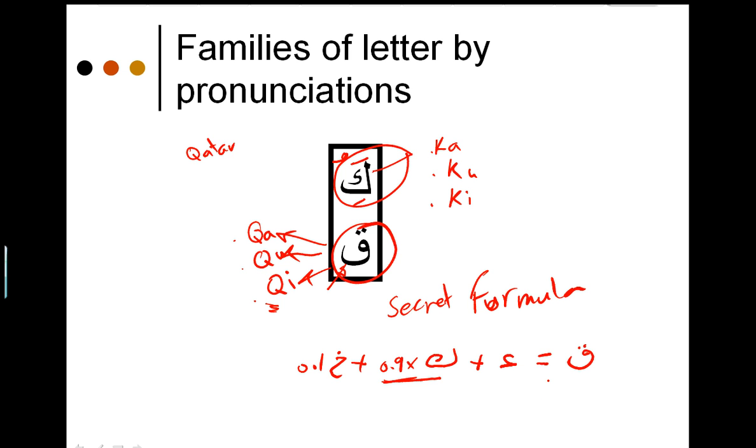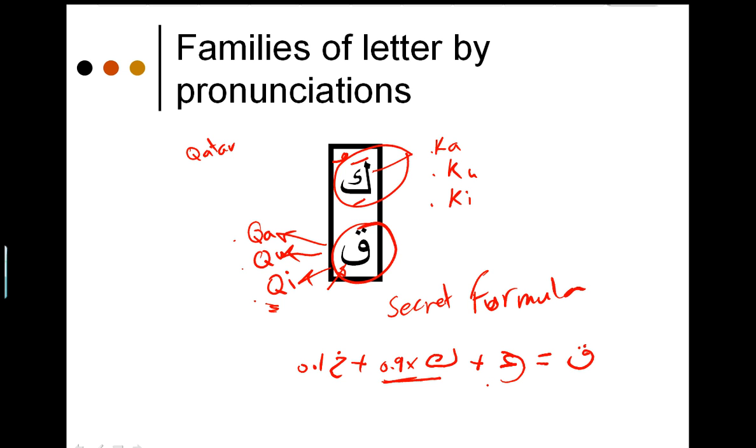So let's try this out. To say the letter Qa, like I said, it's a short, sudden sound, and it comes deep from the throat. If you can't pronounce it, try to pronounce a heavier A. If you can say that, that's the first step. Second step, try to add a K flavor to that sound, so it will become Ka.